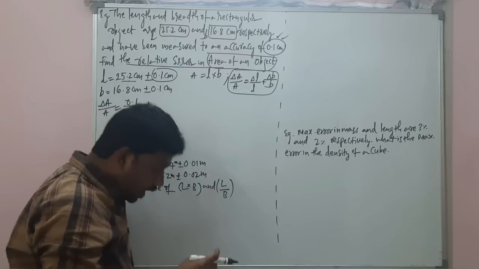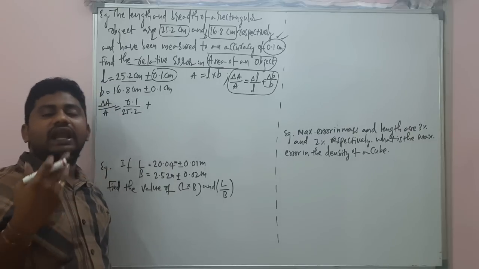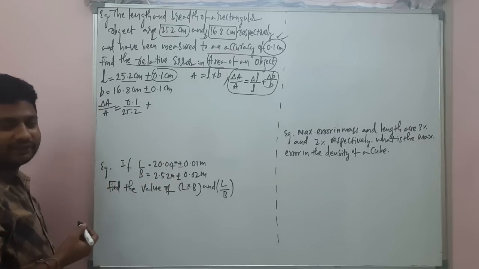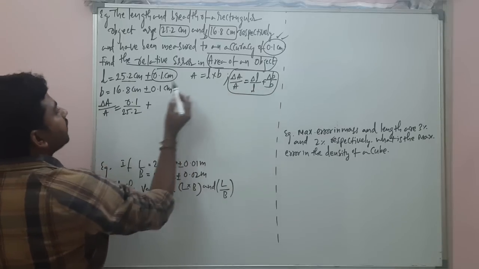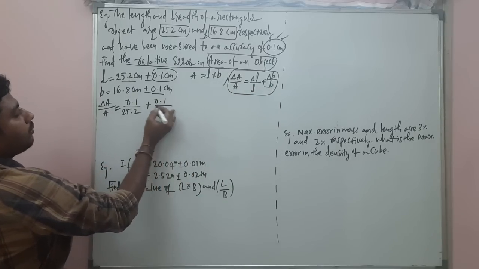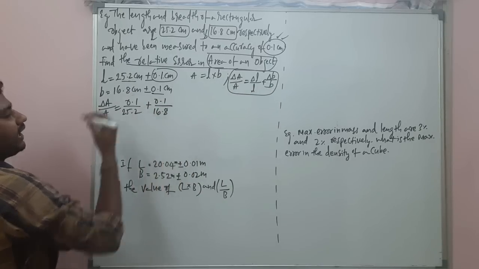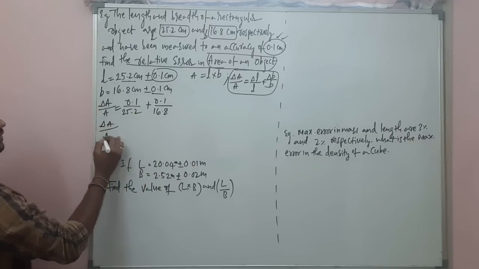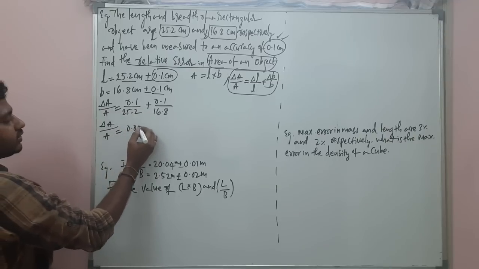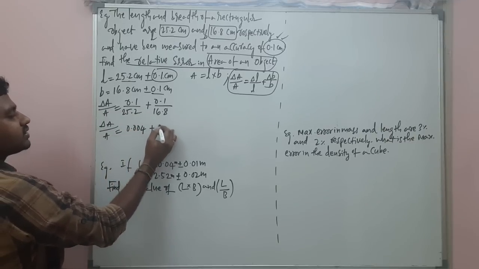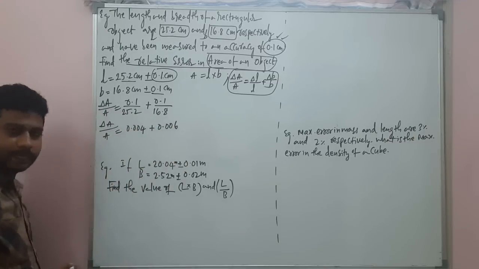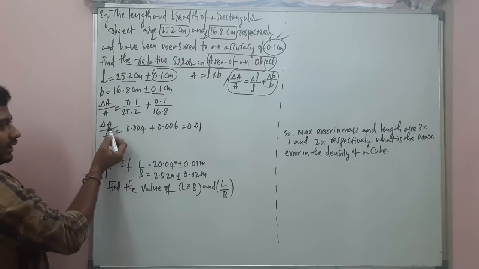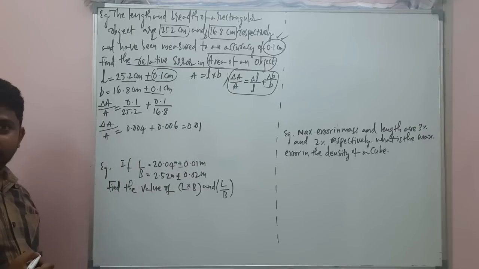I told you, in 100% of cases, they'll ask you to find the maximum possible error only. So that is why I have taken only the plus. Then delta B by B is 0.1 by 16.8. So you will get delta A by A is equal to 0.004 plus 0.006. So you will get 0.01. That's it. So the relative error in A will be 0.01.